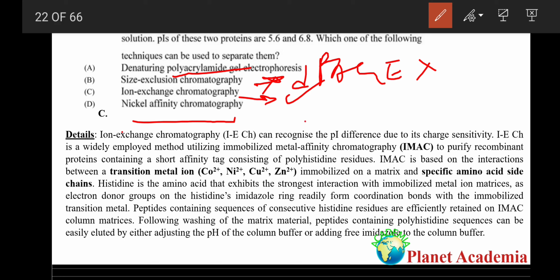Why? Nickel has the capability to form coordinate bonds, so it can be used. But the more accurate answer is ion exchange chromatography. How? So I'm showing.